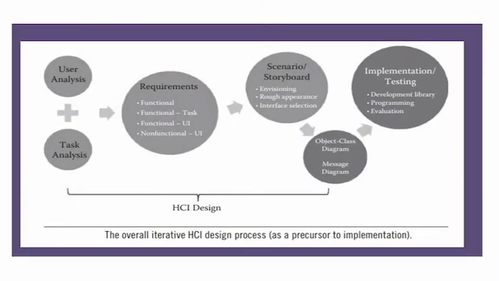So before proceeding to the next, we have here a figure. This is the overall iterative HCI design process. As you can see, from your requirements, your user and task analysis, you will create the scenario or storyboard, then the objective class diagram, before you implement or test your interface or application.